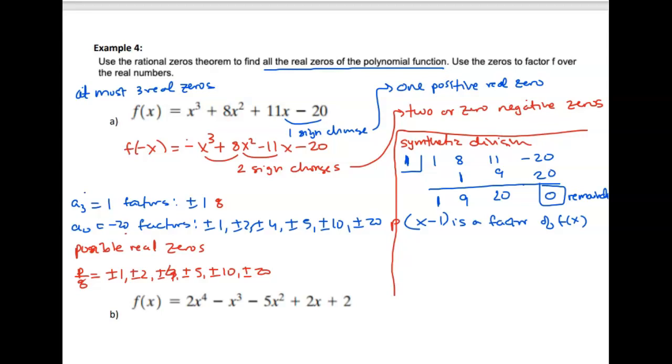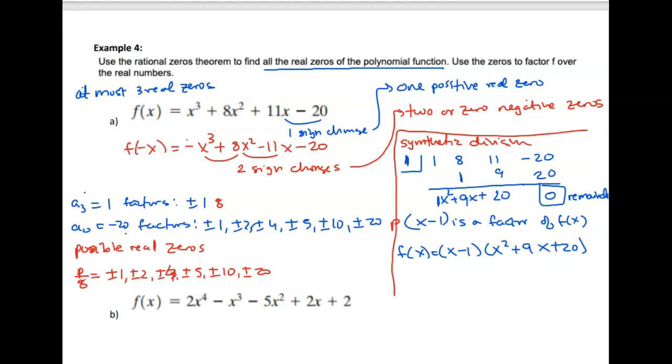So if you put the x's back in here, this is 1x squared plus 9x plus 20 is the quotient, is the answer that you get if you divide the function by this factor. So that means that the function is equal to x minus 1 times x squared plus 9x plus 20. Right? So I get this linear factor times that quadratic.